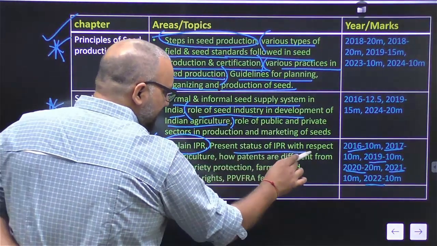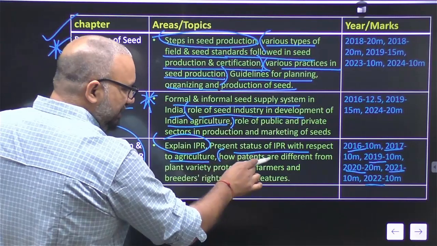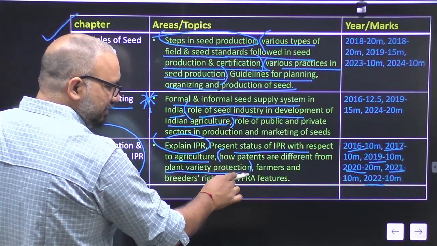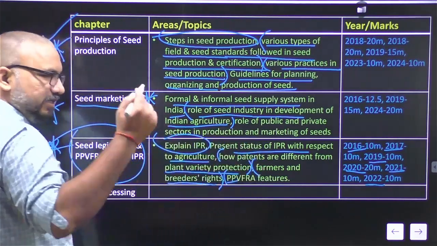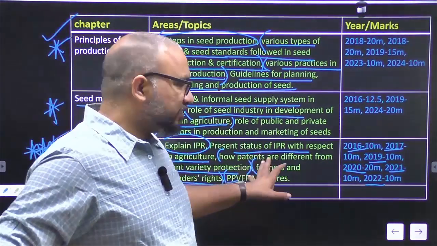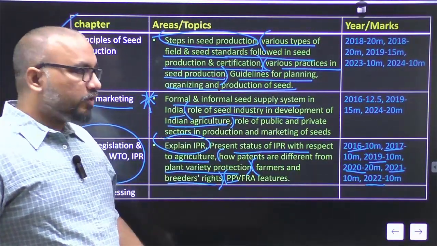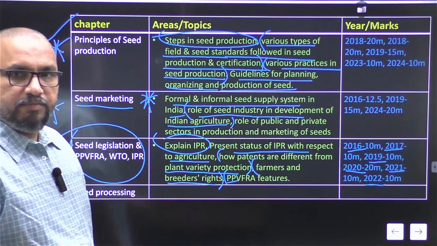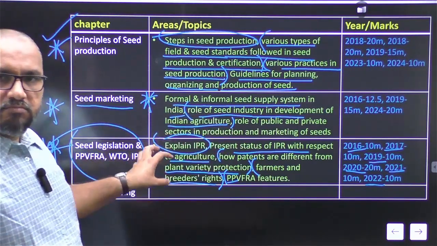The present status of IPR with respect to agriculture. How patents are different from plant variety protection. Farmers and breeders' rights. And generally write a short note on PPFRA. So such questions have appeared. So you know now what you have to prepare. So prepare short notes which cover all these topics.